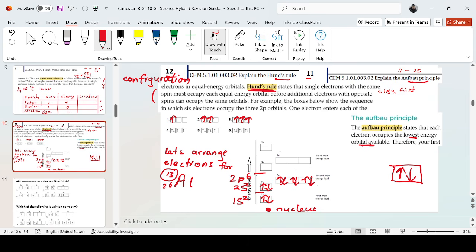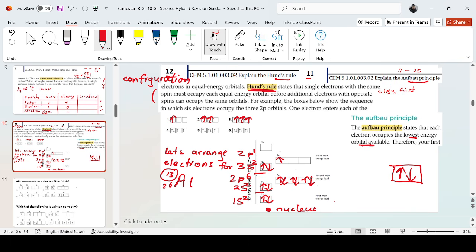2, 4, 6 electrons. When it is full, we go up to the third level, 3s. How many come here? Remember, 11 and 12 come here. 3s2 is full. We go up, the 13th comes here, 3p1. Okay?